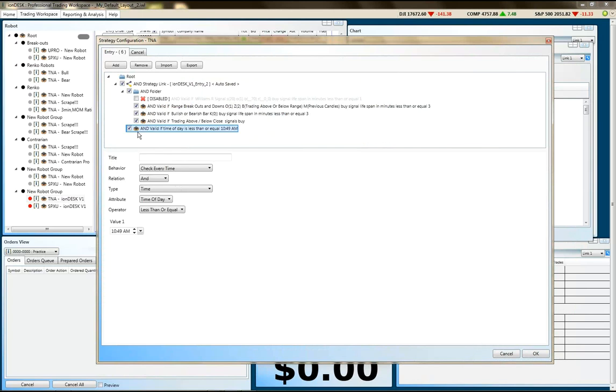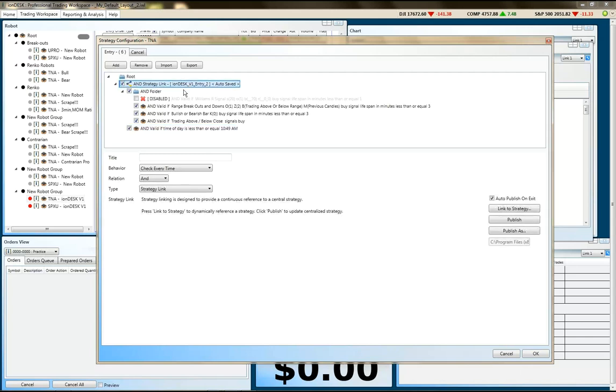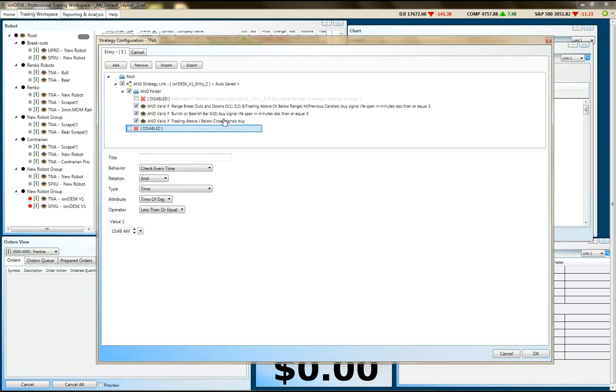So I could have multiple robots, or multiple legs of a robot, running off of the same strategy. Because I have this link here, that keeps everything in sync, versus you having to go to every single leg that you want to change and change it.